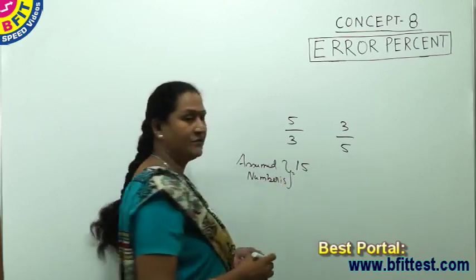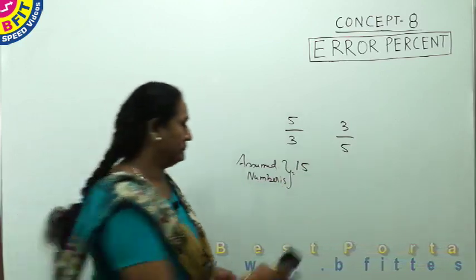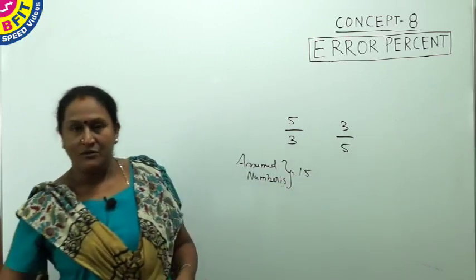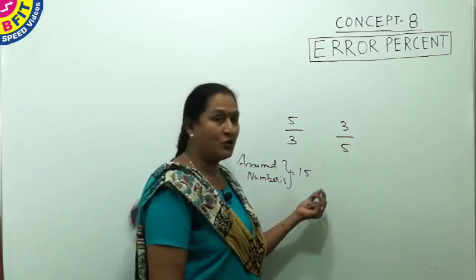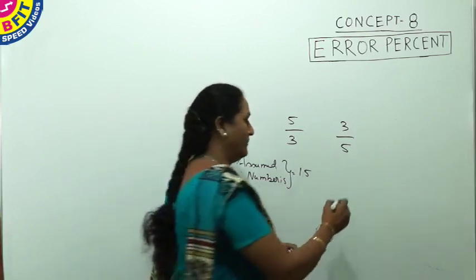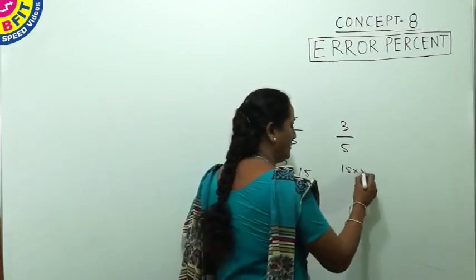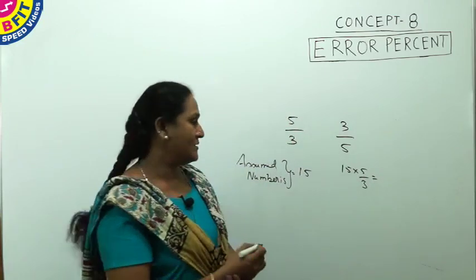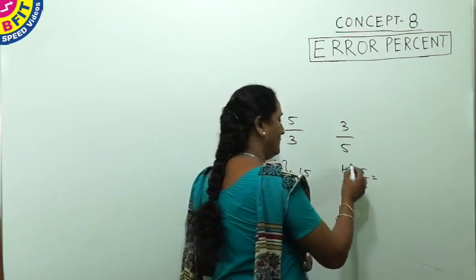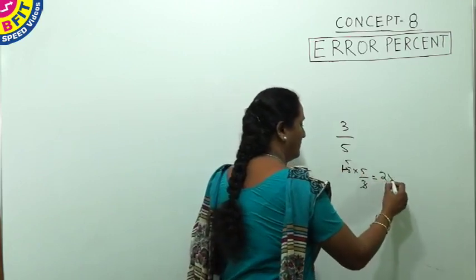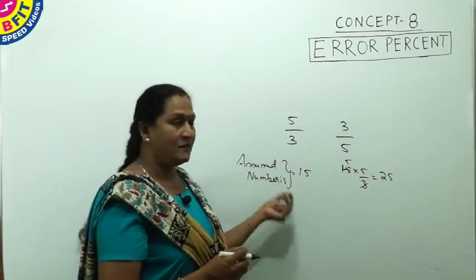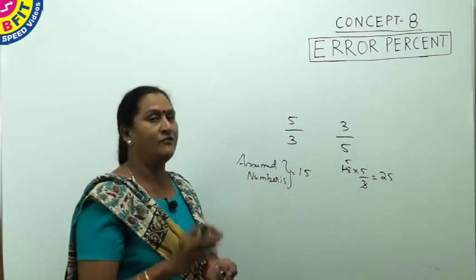Assume the number is 15. This number should be multiplied with 5 by 3. When this is multiplied with 5 by 3, what will be the answer? The answer should be 25. But instead this number was divided with 5 by 3.